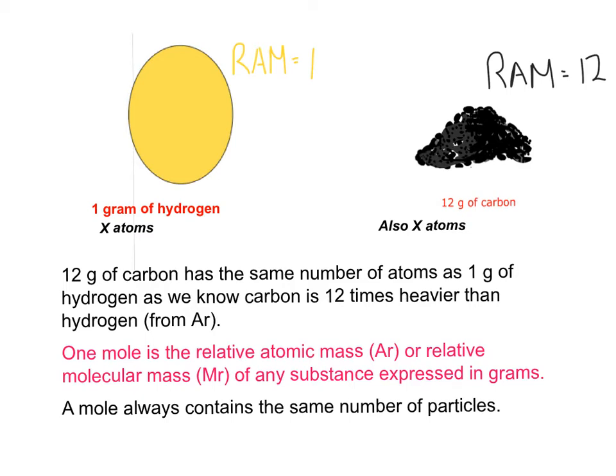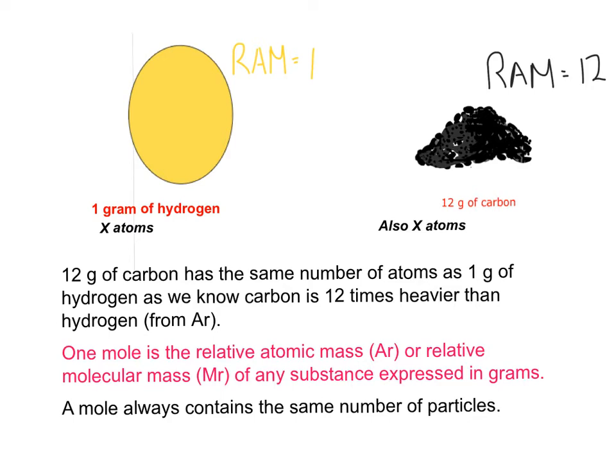Now, I'm going to tell you that in 1 gram of hydrogen, there are the same number of hydrogen atoms or particles as there are in 12 grams of this carbon. So we could say that this number is X number of particles or X number of atoms.